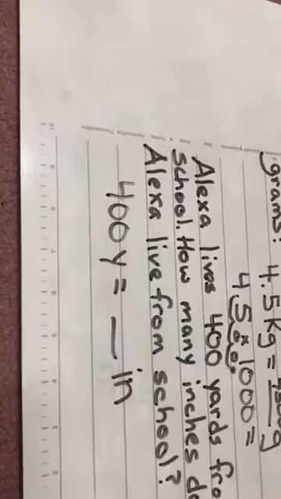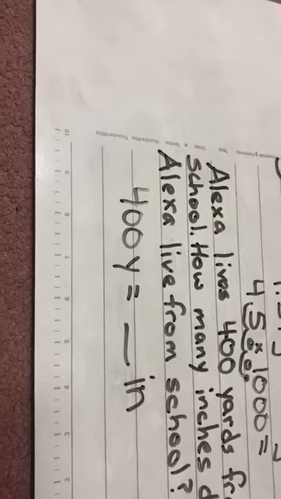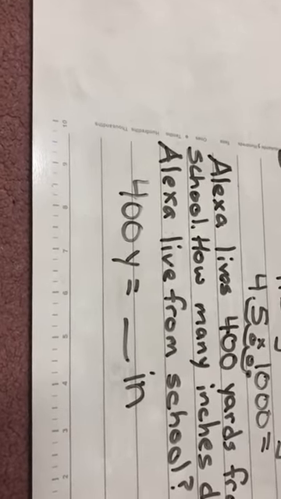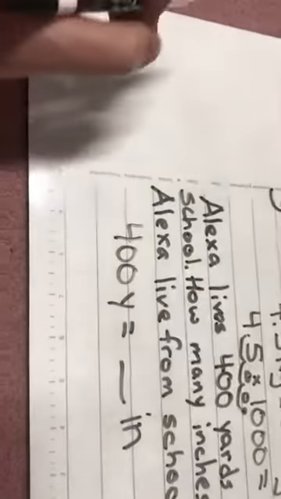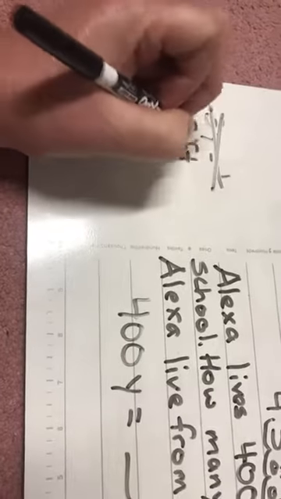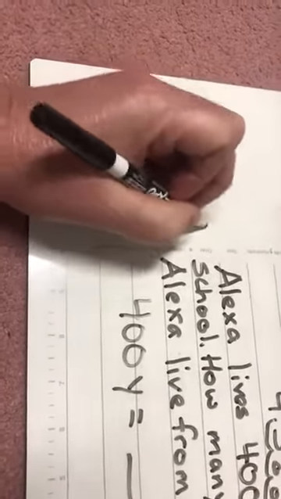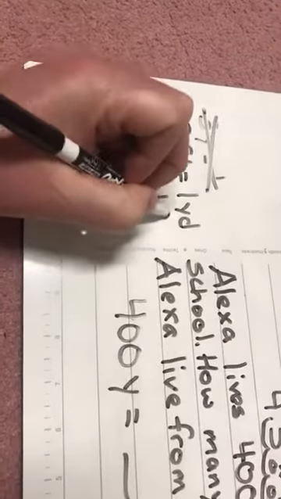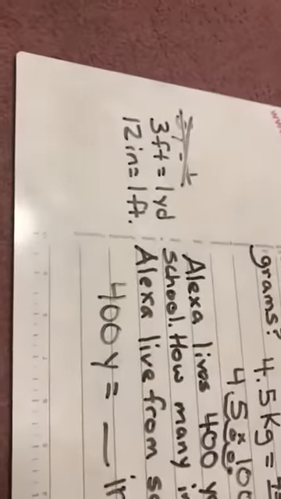Now, when we did the U.S. customary units of length, there was no conversion of turning yards into inches. That's because the conversions that were on the chart were that 3 feet equals 1 yard, and 12 inches equals 1 foot.